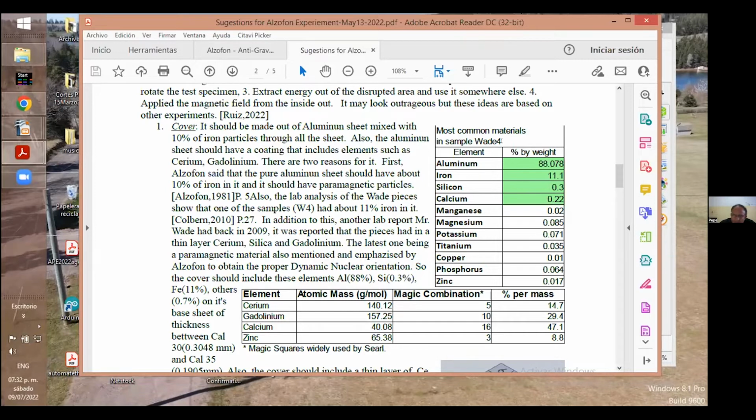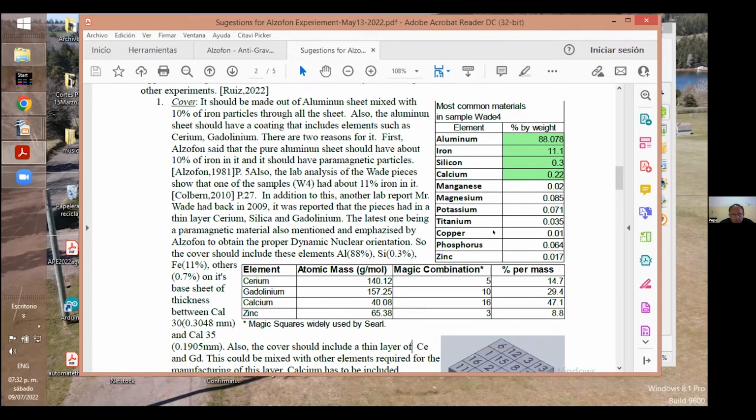He claims that those parts were collected from UFOs from 1997. He did several lab tests, and this is what he came up with, these parts with these percentages. So I'm just trying to replicate what he found. You can Google Mr. Wade. That's why I'm getting these percentages.